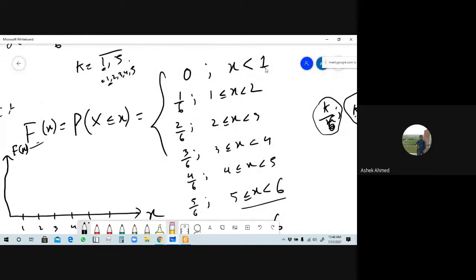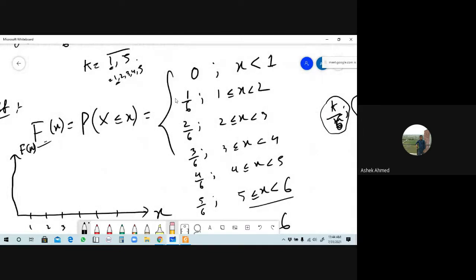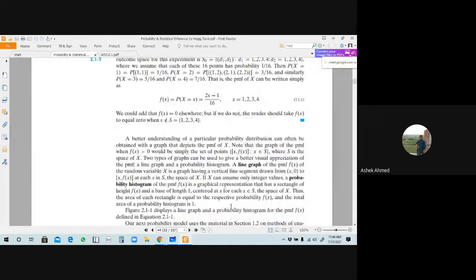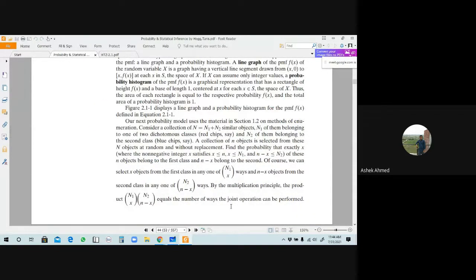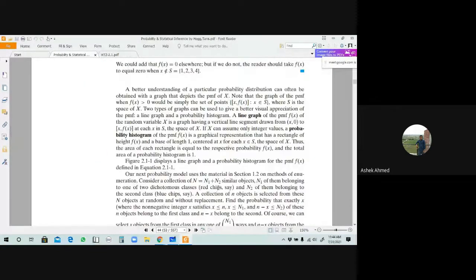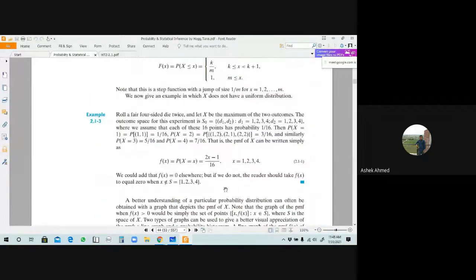In that case, if you take x less than 1, what will the corresponding capital F of x be? 0, is it right? Respond.